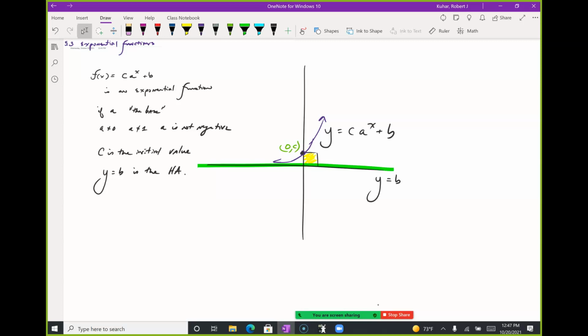So what can you tell me here about domain? What's my domain here? Everything. Yep. So all reals or minus infinity to infinity, right? And what about my range? 0, infinity.